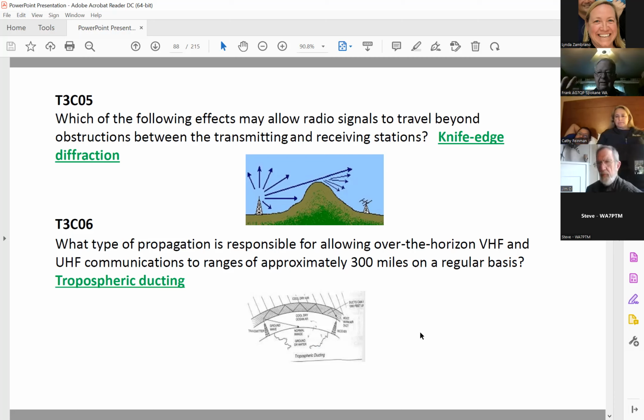These are atoms which either have an extra electron or one less electron than they're supposed to have to be neutral. And that forms sort of a mirror for the radio waves. So what you can do is bounce off those and reach someplace farther away than you normally would.